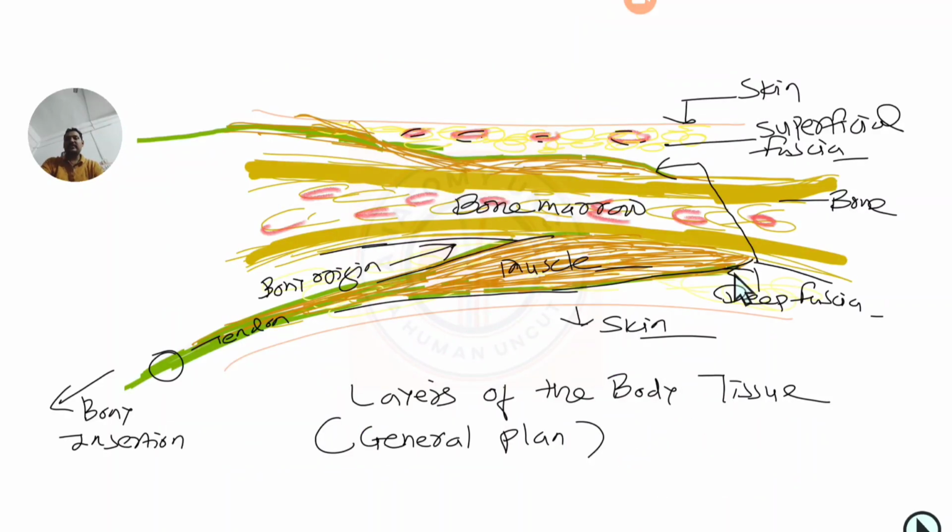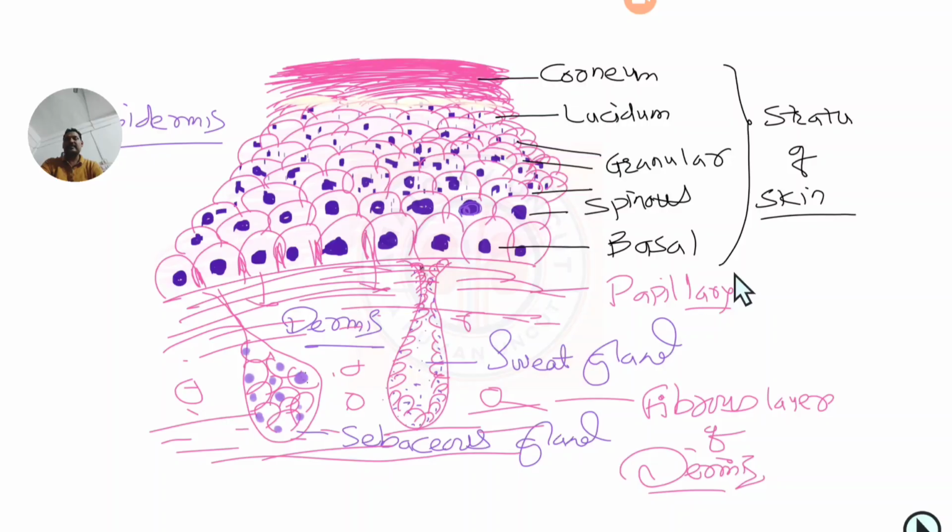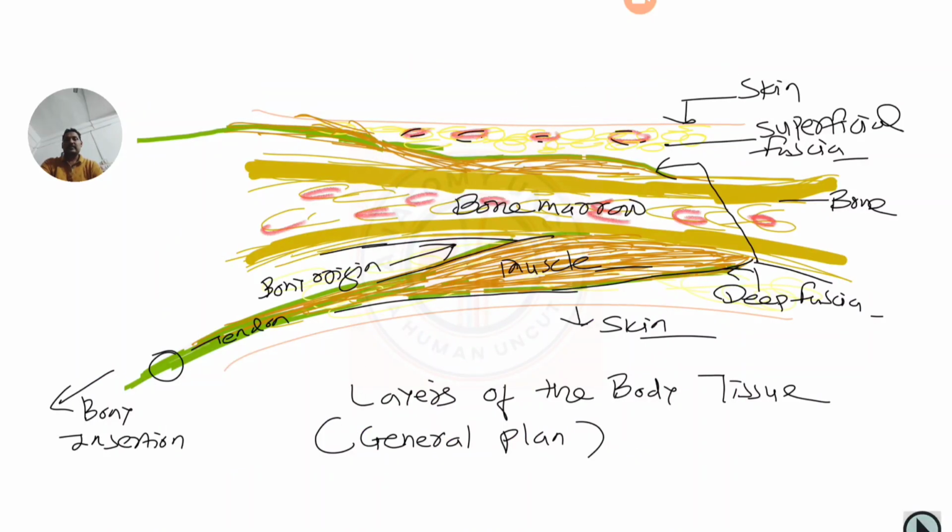Now I want you to focus on a few of the layers of the body tissue, a general plan of what you get inside the body, because many of you must have started the dissection by this time and must have uncovered all these layers.